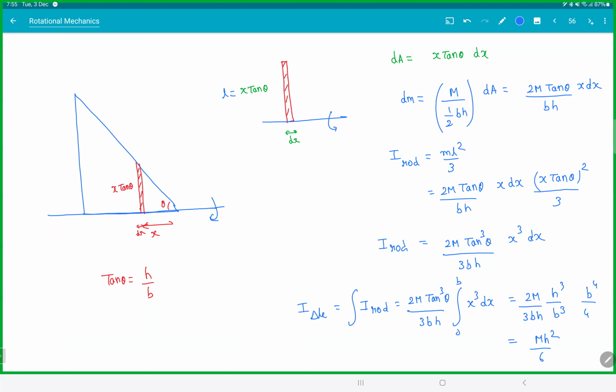The answer is independent of the base, but you can do something even better than this. But have a look at the integration. That means as long as you keep the triangle's height the same and the mass the same, it doesn't matter how long the base is, the answer remains the same. We proved it. There is no way to see the question and guess that.